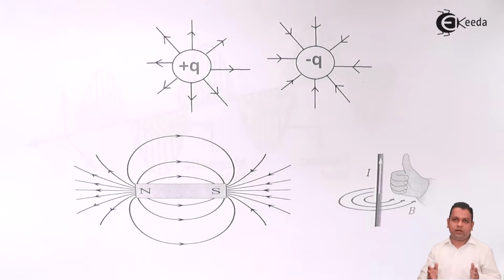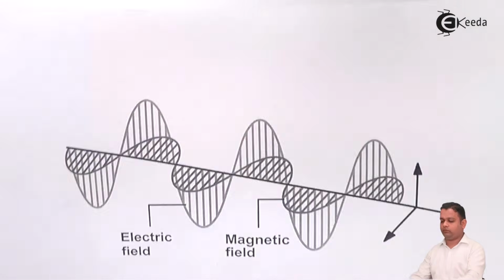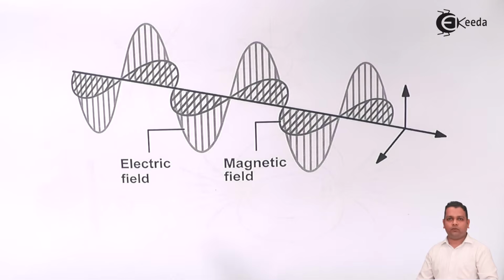Now, for electromagnetic field together, the common example we have is electromagnetic wave. The light that we get from the sun or from any source is basically an electromagnetic wave. So let us see the electromagnetic wave. This is the diagram where the representation of electromagnetic wave, simply EM wave, is shown in three-dimensional space.